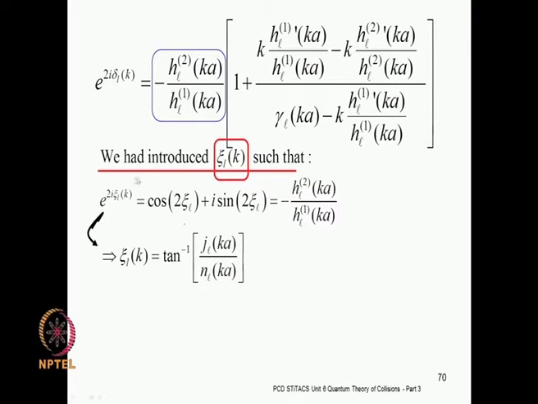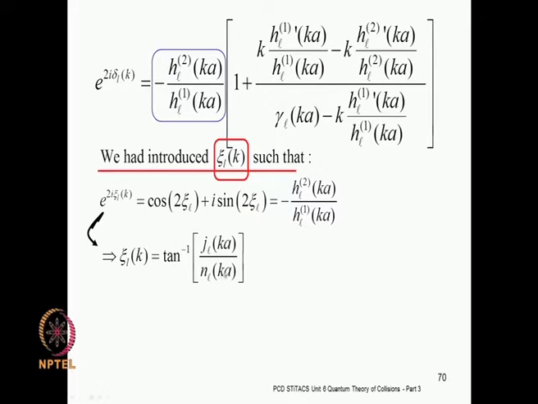Now, if you write the Hankel function of the first kind and the Hankel function of the second kind in terms of the Bessel function and the Neumann function, because j plus i n and j minus i n are the Hankel functions of first and second kind respectively, you can see that this xi is nothing but the tan inverse of j over n, the ratio of the Bessel function to the Neumann function.